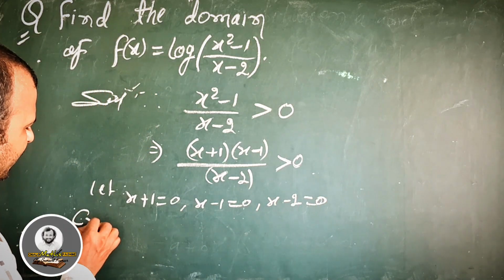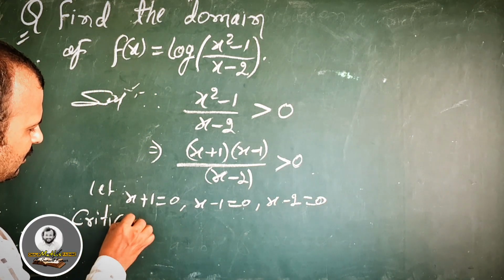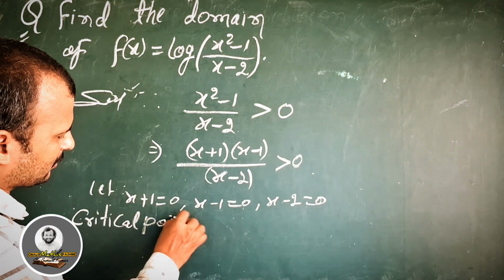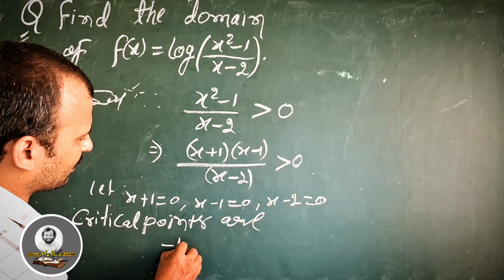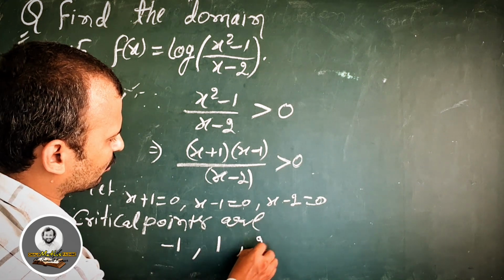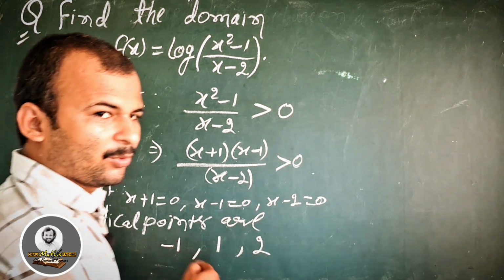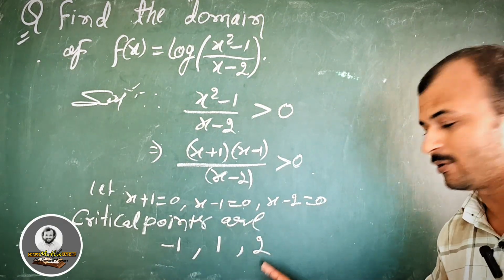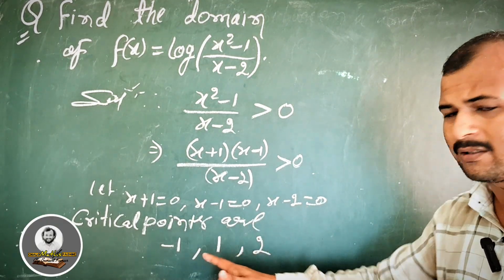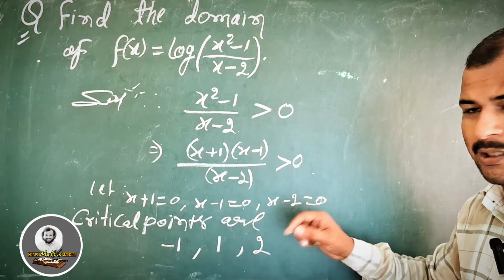These critical points are -1, 1 and 2. So x = -1, x = 1, and from the last equation x = 2.